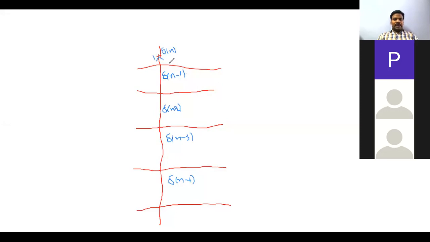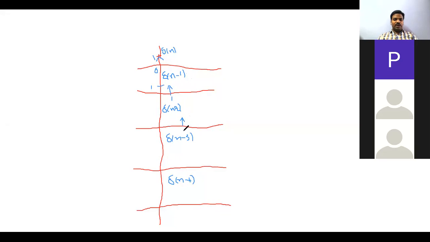Now delay this delta of n by 1 unit. That means now this is the case. This is delayed unit impulse signal. Unit means obviously the amplitude is always equal to 1. Now again delay this signal delta of n minus 1 by 1 more unit.